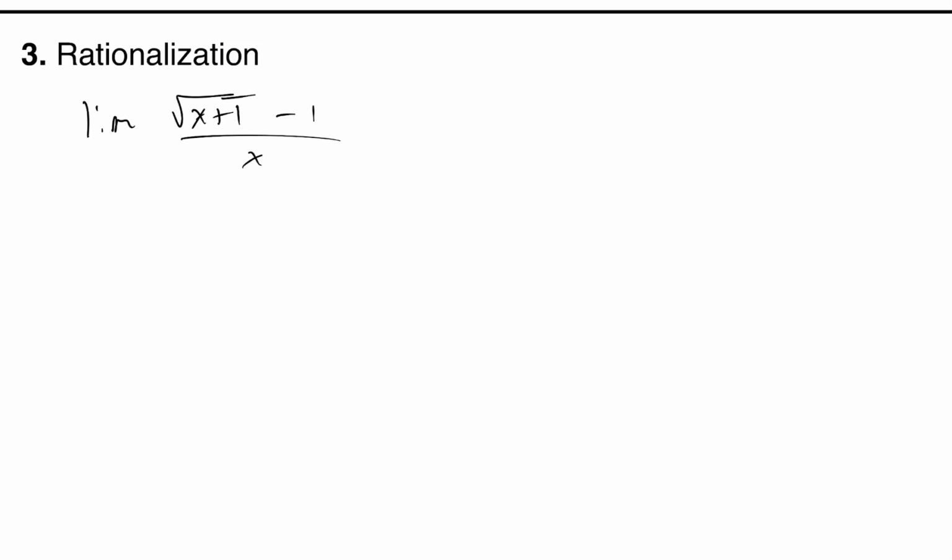So what we can do now to rationalize this is multiply the top and bottom by the conjugate. So we can multiply the top by root x plus 1 plus 1, and then the bottom by root x plus 1 plus 1.